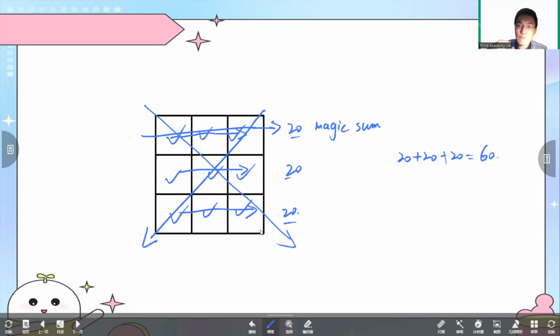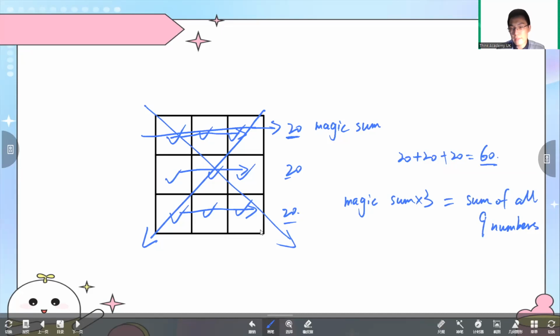And that gives us a really important relationship between the magic sum and the sum of all numbers. I'll write it here: magic sum and the sum of all 9 numbers, to be specific. So you see the sum of all 9 numbers is 60. And because each magic sum is 20, the magic sum times 3 equals the sum of all 9 numbers.